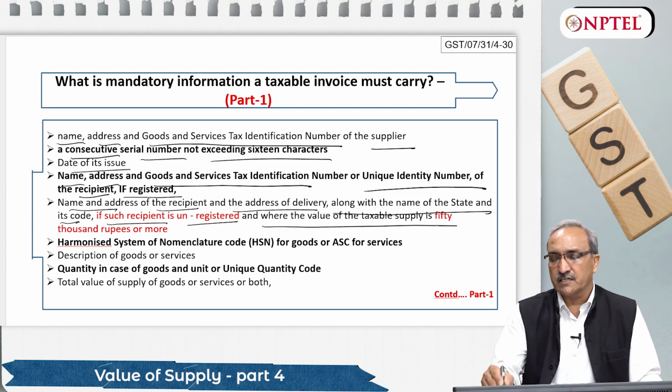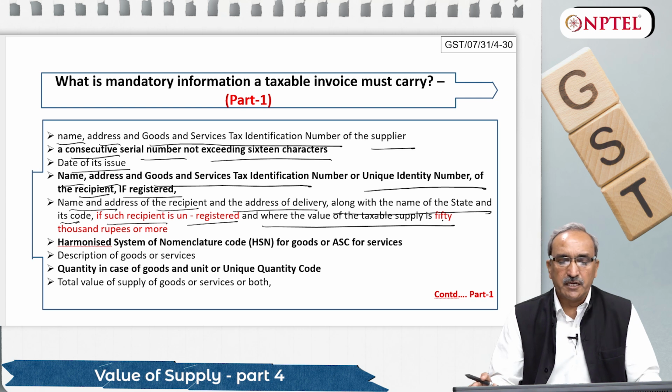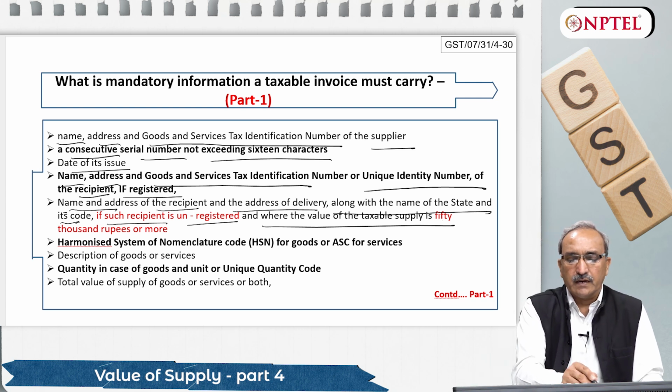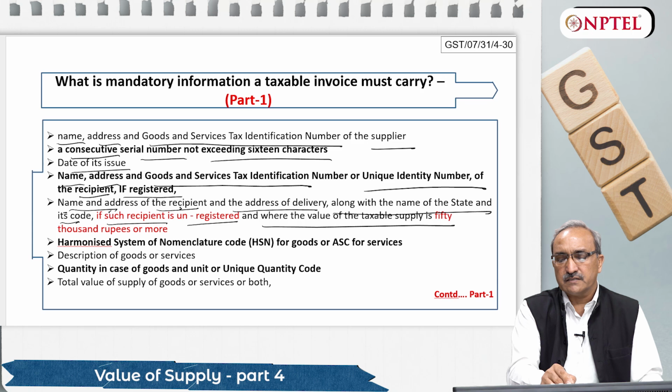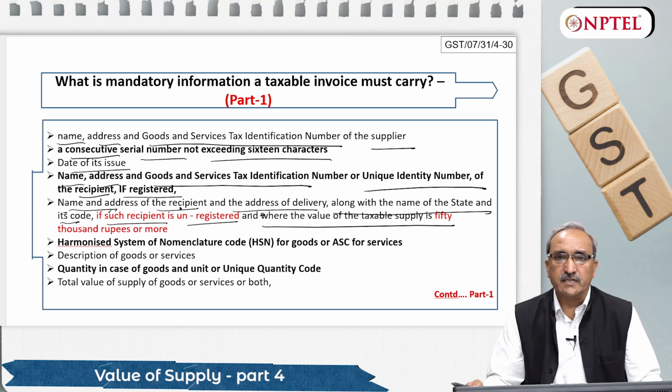It puts a further condition where the value of taxable goods is more than 50,000 rupees. Meaning, if any registered person is supplying goods to an unregistered person and value of goods is more than 50,000 rupees, he should mention clearly name, address of recipient and address of delivery where goods are delivered to the recipient.